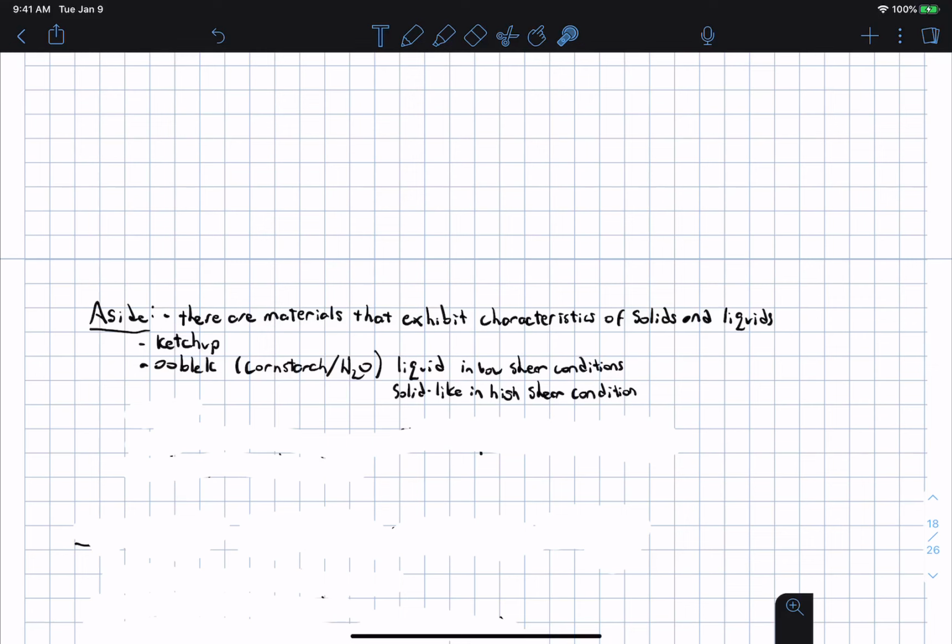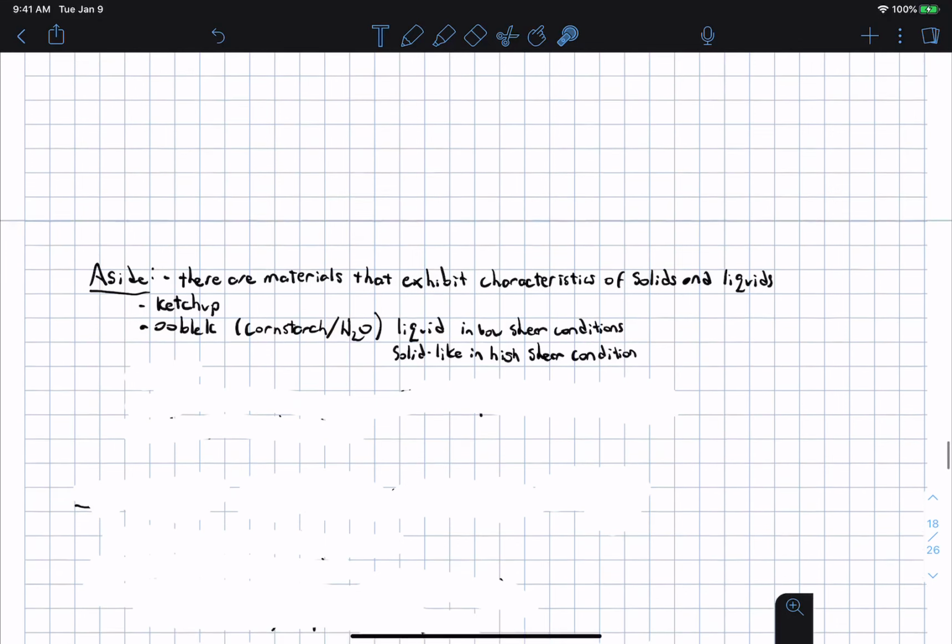So if you put some in your hand and just let it sit there, it'll look like it'll kind of melt. That's because there's no shear force applied to it, and it'll act like a liquid. But under a very high shearing condition, it'll act like a solid. If you watch the Mythbusters, they can actually run across Oobleck as long as they keep their feet moving. But if they just stand there, they'll sink right in.